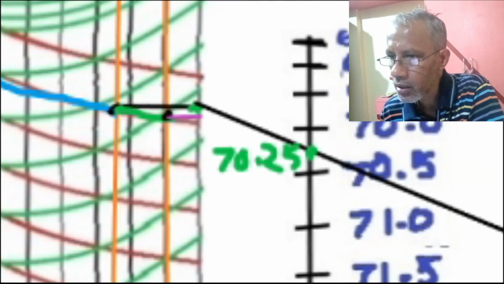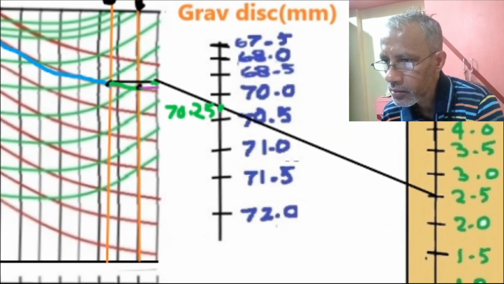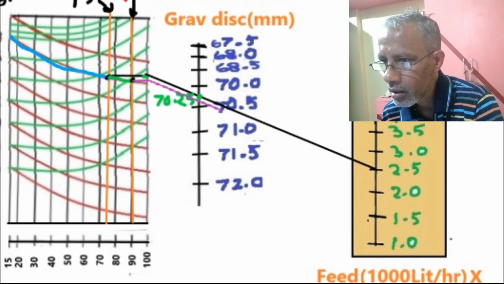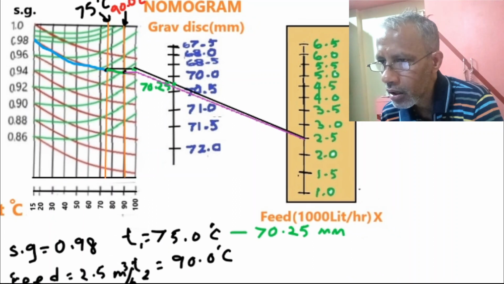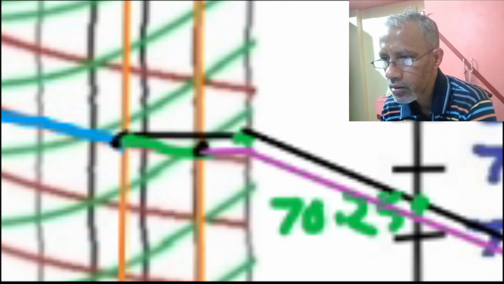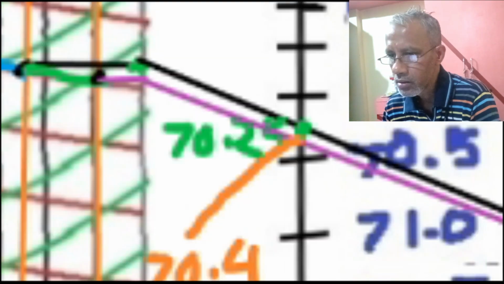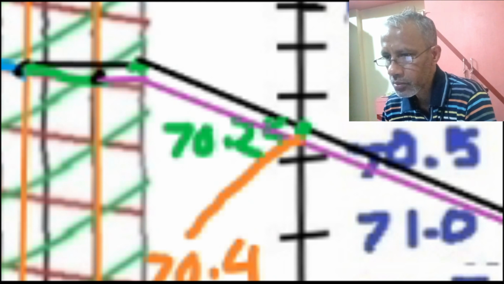And next another line right up to the 2.5. Now you can see that the gravity size is about 70.4 mm. This is how the nomogram shows the different gravity sizes for the different separating temperatures.